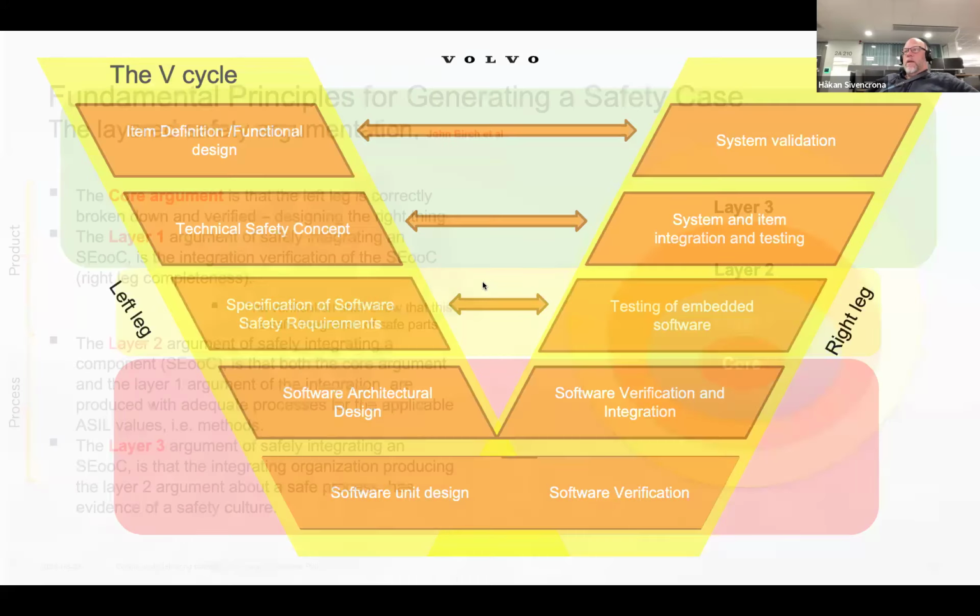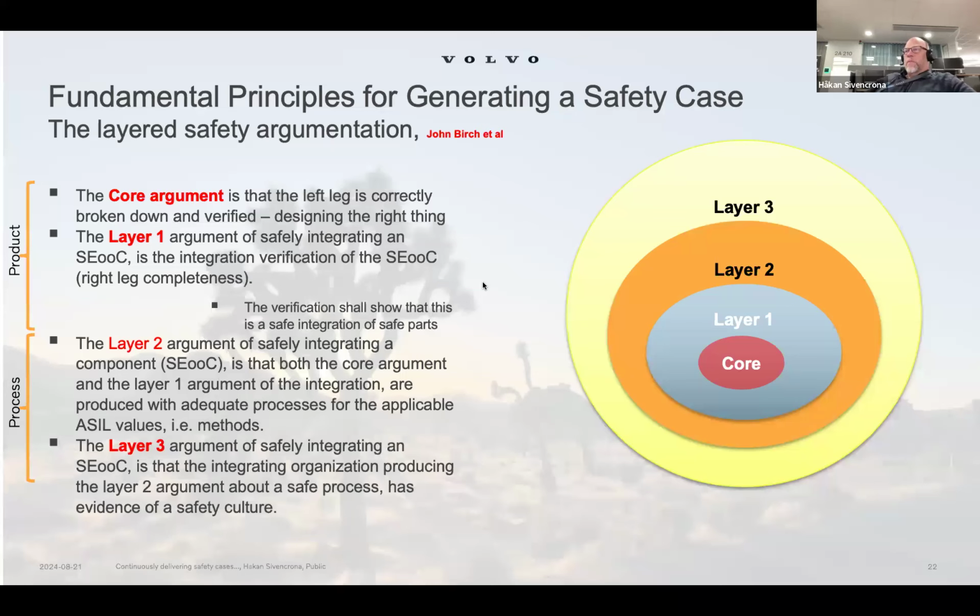Let's see here. For the fundamental principles, I'm going to step out of ISO 26262 a little and look into the layered argumentation from John Birch, who was with MISRA and worked on MISRA rules and guidelines for quite some time. Very intelligent person. He says that the core argumentation is that the left leg is correctly broken down and verified.